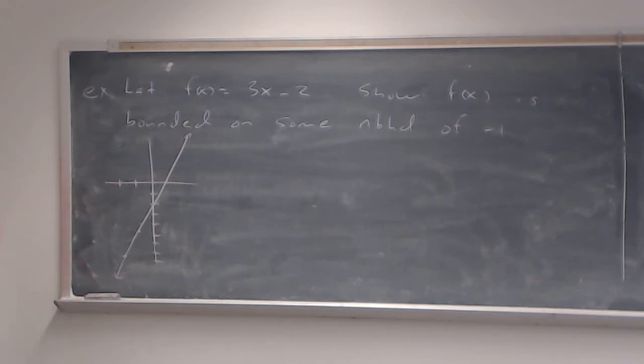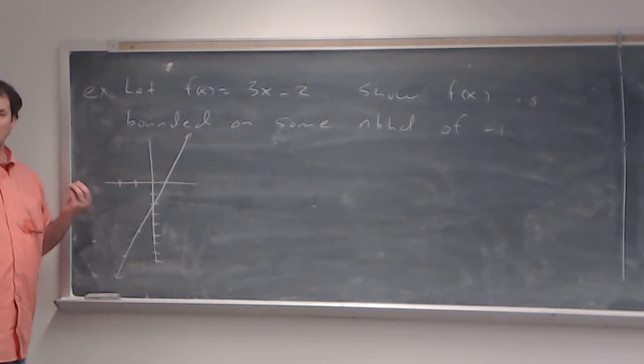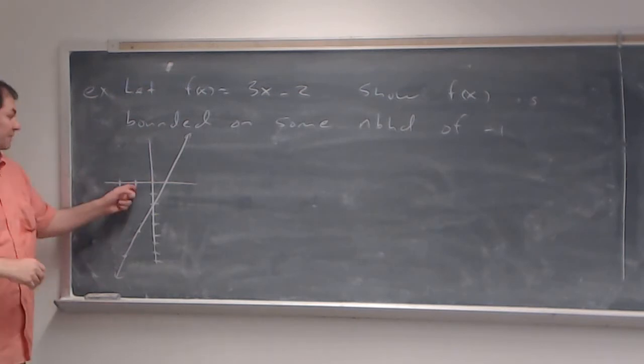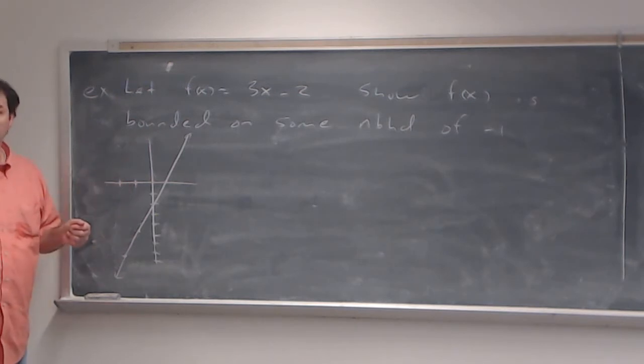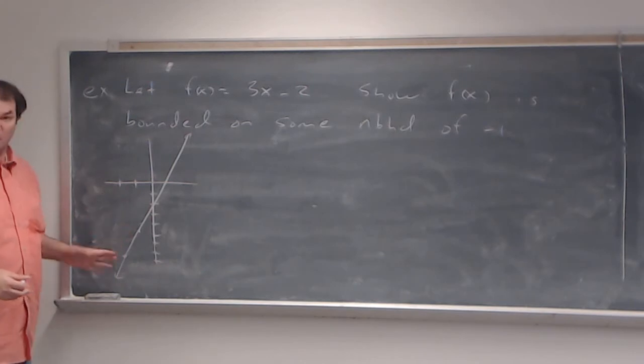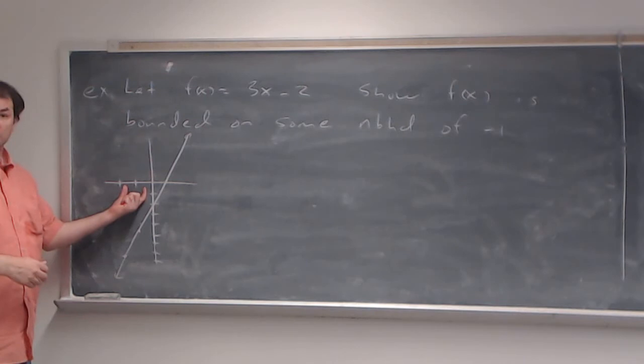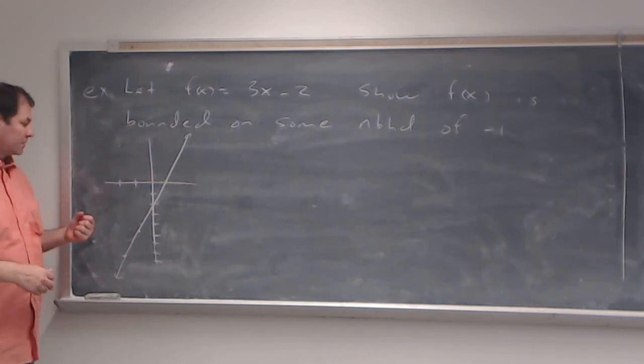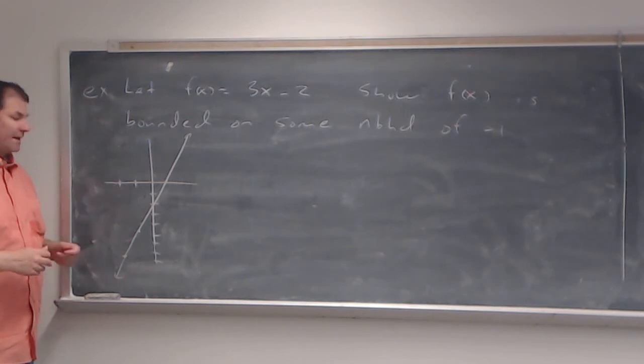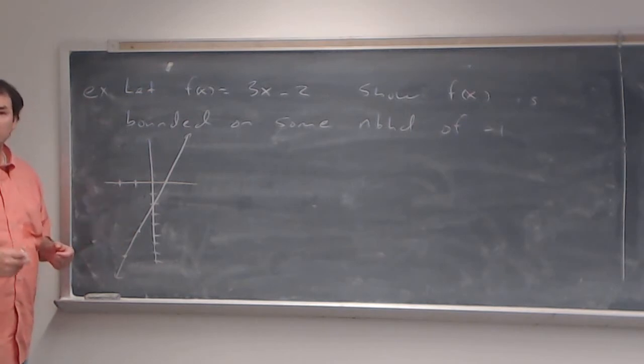So look, I'm talking about minus 1. I want to say this. If I put some region about minus 1, equally spread about minus 1, to the left and right, will there be some number out there such that the absolute value of f of x for those numbers in the region I'm putting about minus 1 will be less than a particular number?